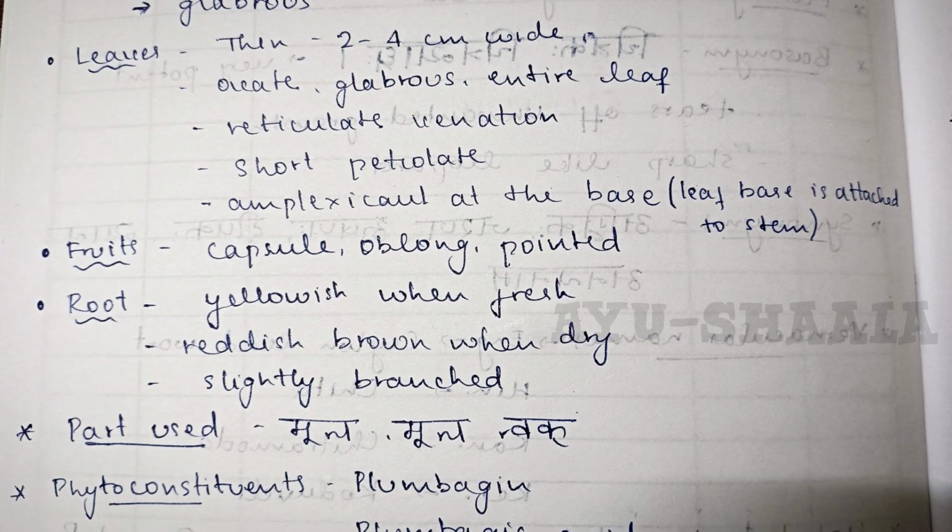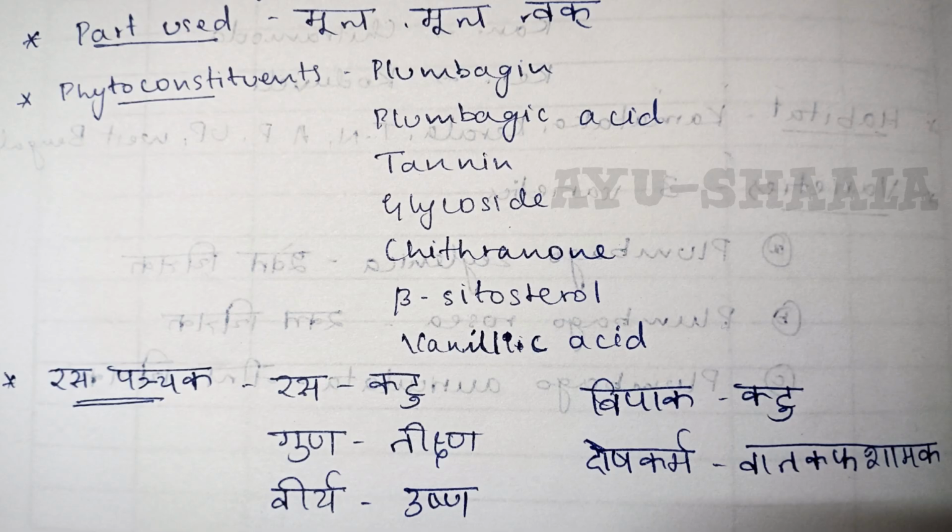Now we will see its phytoconstituents, that is chemical constituents. As the name suggests, plumbagin or plumbagic acid. Then tannins and glycosides, you can write. And another one is, its name is Chitraka.